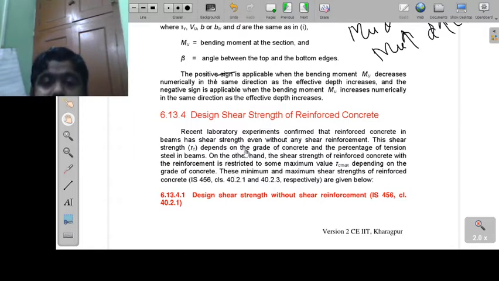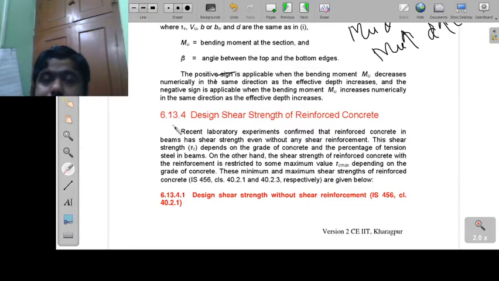Experiments were carried out, and it was found that even without reinforcement, the concrete can carry some shear. This shear strength depends on the grade of concrete and the percentage of tension reinforcement in the beam. It is also found that the shear strength of reinforced concrete with reinforcement is restricted to some maximum value, called tau c max.